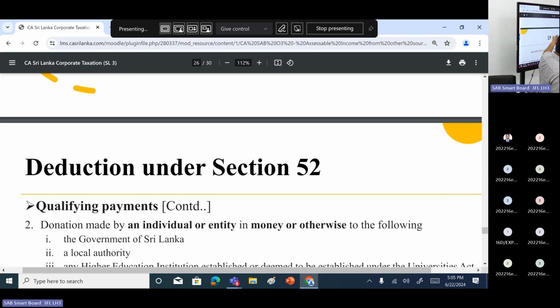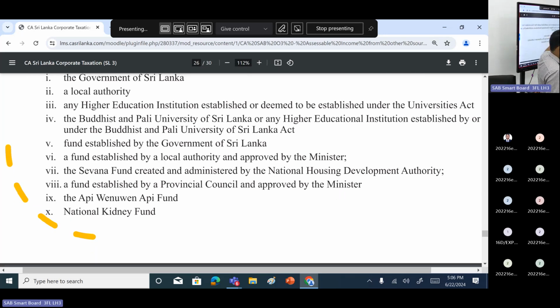The second thing is donation to the government, a specified institution or a specified fund. There is no maximum limitation, and goods donations in any kind also come under the qualifying payment. Any amount we can deduct.